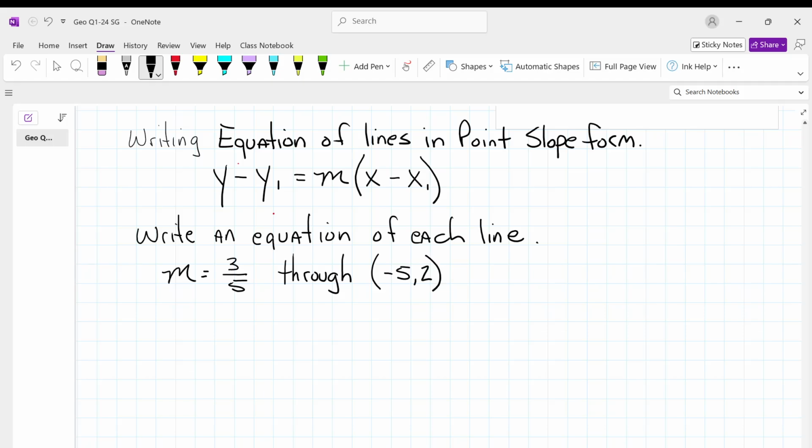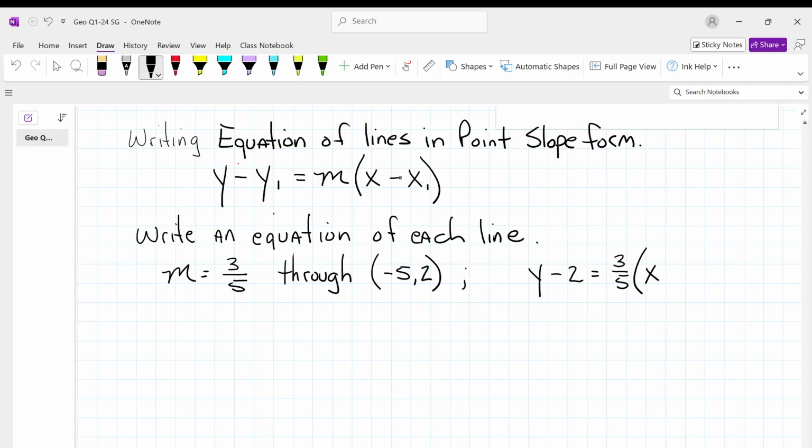All right, so pay attention. This in this case is very simple. You write the letter y. Then you write the opposite of the y value given. The form, point-slope form, says y and the opposite of y sub 1. So we go y and the opposite of y sub 1, so y minus 2 equals slope 3/5, left parenthesis, letter x.